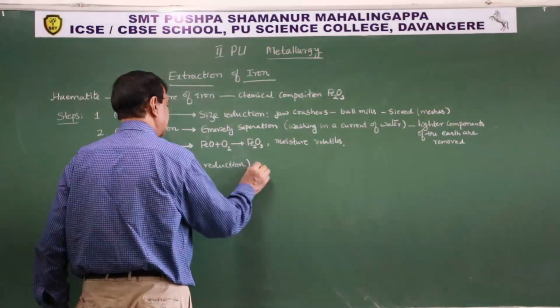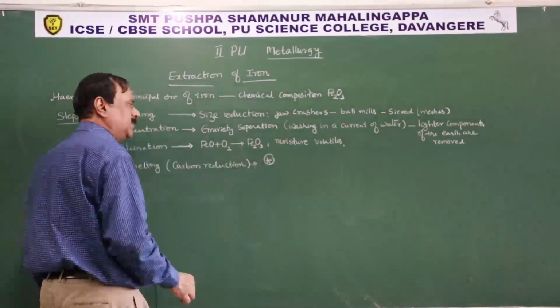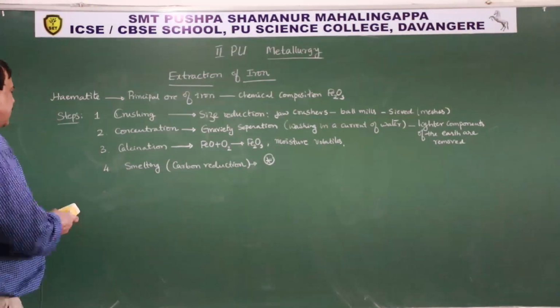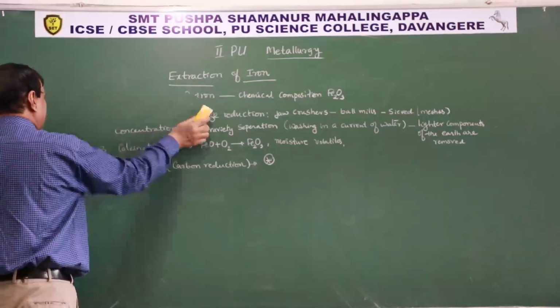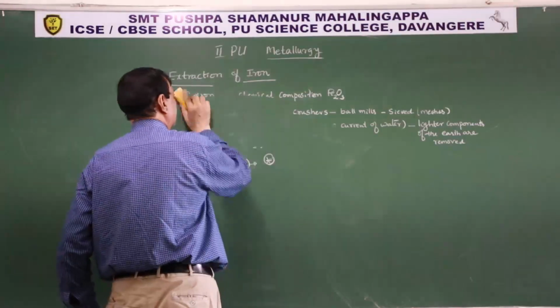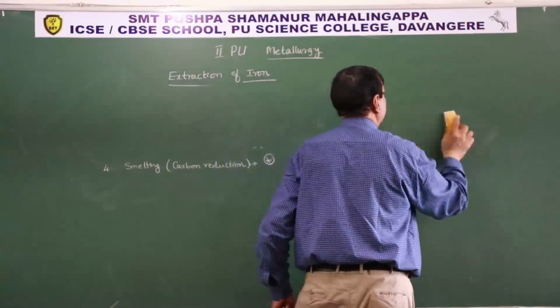The last one is the smelting operation. This is very important. Now we will discuss something very important for your board exam. Very important question: write the various chemical reactions that occur in the reduction of hematite in a blast furnace, or smelting operation.